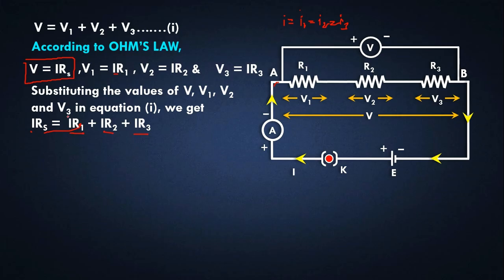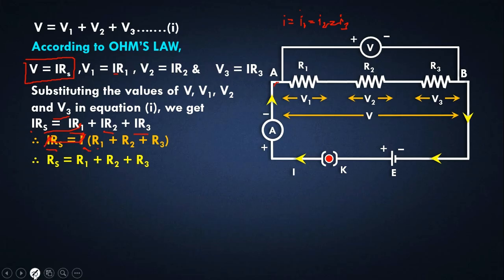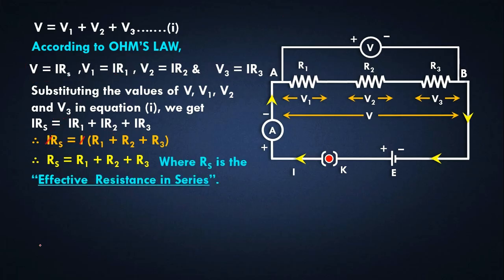Is it right? So what can we take common here? I can be taken common. So IRS is equal to I into R1 plus R2 plus R3. So I gets cancelled, and RS is equal to R1 plus R2 plus R3. This is the equivalent resistance when they are connected in series combination, where RS is the effective resistance in series.